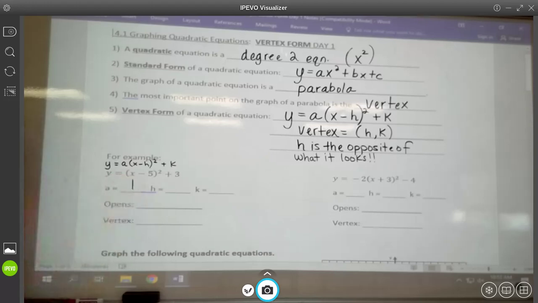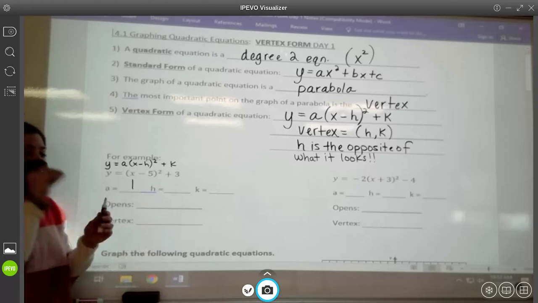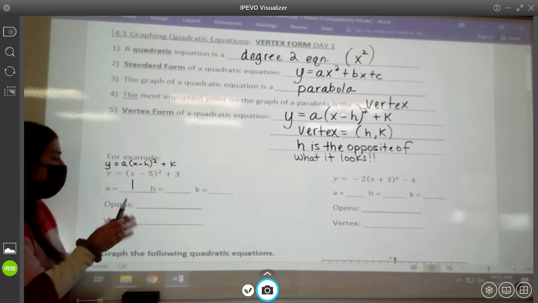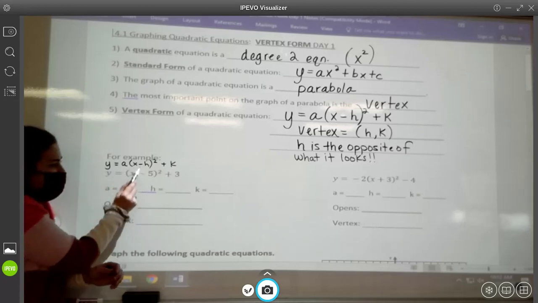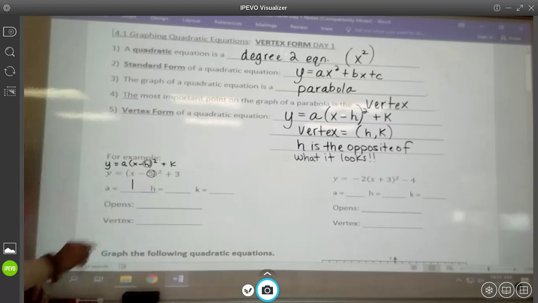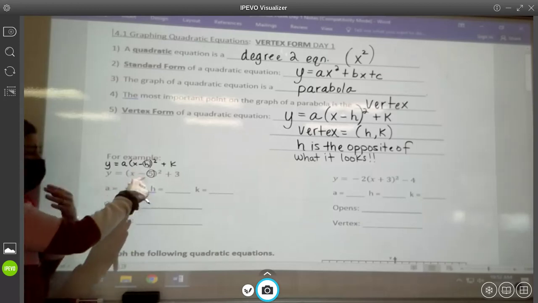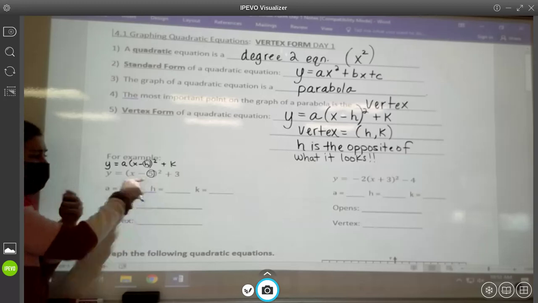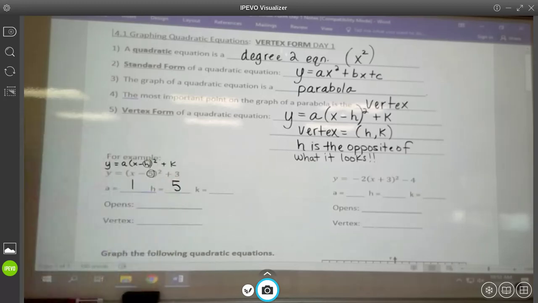All right, h is going to be the number inside the parentheses that will end up being the x coordinate of your vertex. But guys, the formula says it has to be x subtract some number h. So some number h here is literally just 5. So the subtraction is actually part of the formula. That means h, it looks like -5, but it's the opposite of what it looks. It's actually just 5.